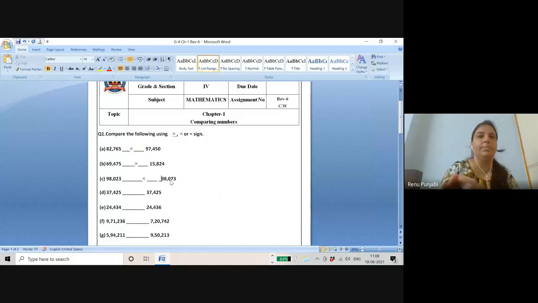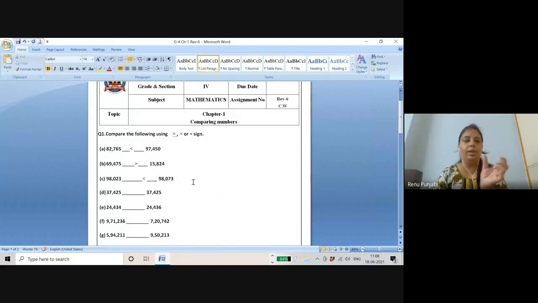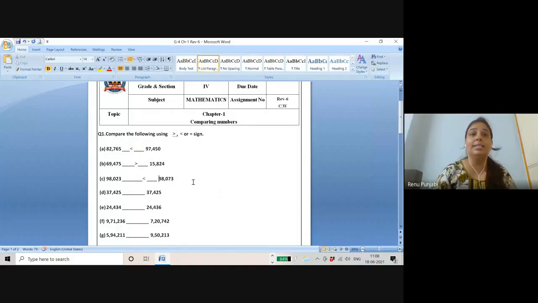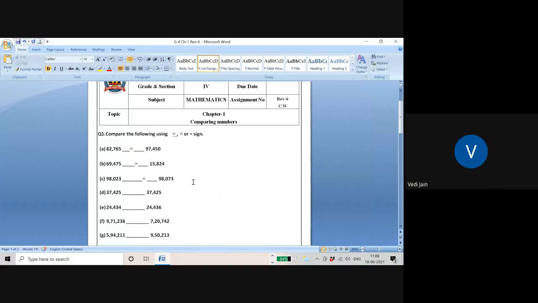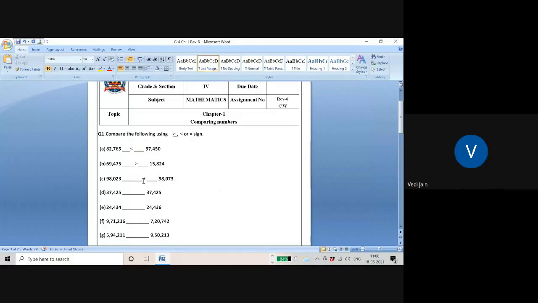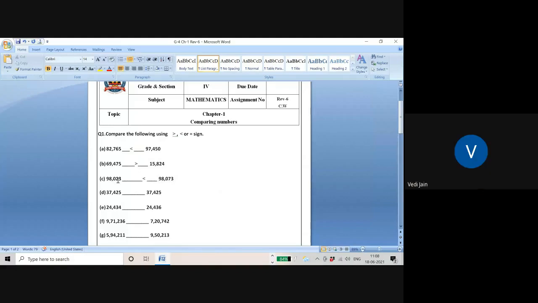How will you read the sentence? 98,023 is less than 98,073. This is the less than sign, so we read it as 98,023 is less than 98,073.